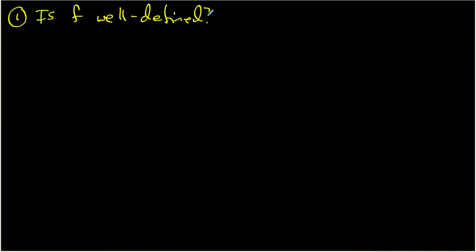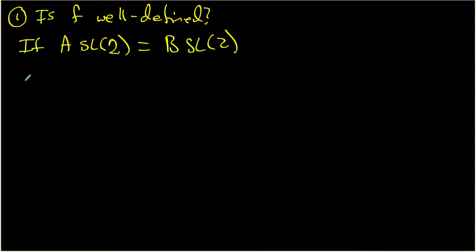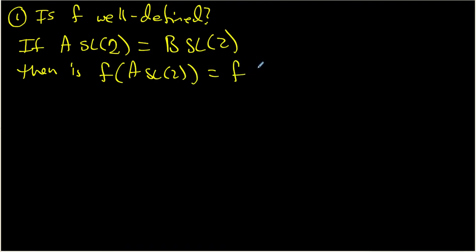Well, what that means is, if I happen to know that this particular left coset and this particular left coset are one and the same, then is f applied to this coset equal to f applied to this coset?